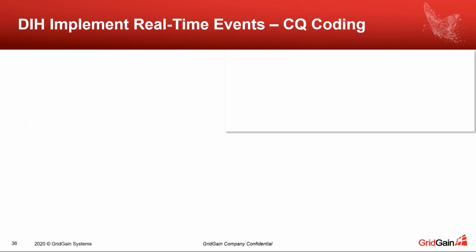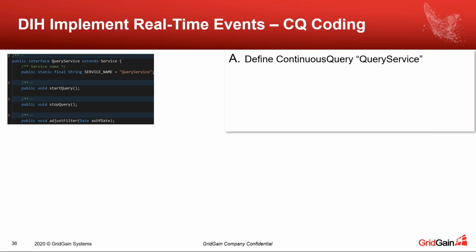All right, so let's get into the process by which one would actually code this. I won't show you all the code, because there are a few more lines than there were with the data streamer, but the steps are the following. The continuous query needs a container, or a process by which to execute itself.